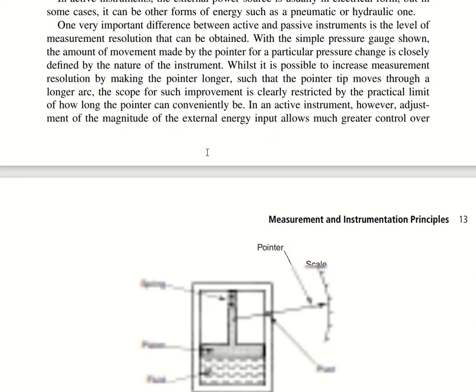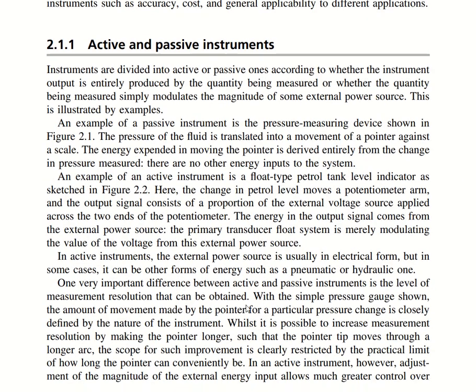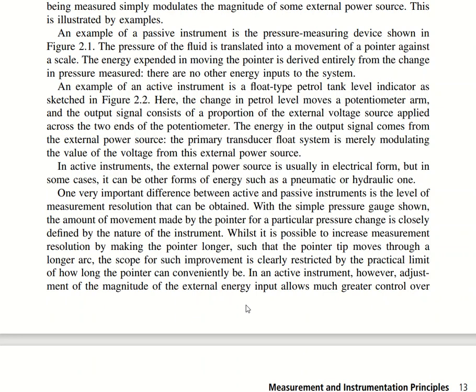As you can see in this image, this is a passive pressure gauge. It is a passive device, and the pressure of the fluid is translated into the movement of the pointer against a scale. So the energy expended in moving the pointer is derived entirely from the change in the pressure measured, and there are no other energy inputs to the system at all, right?